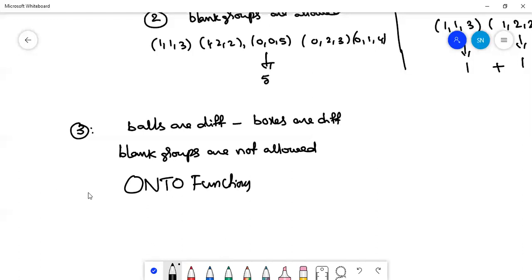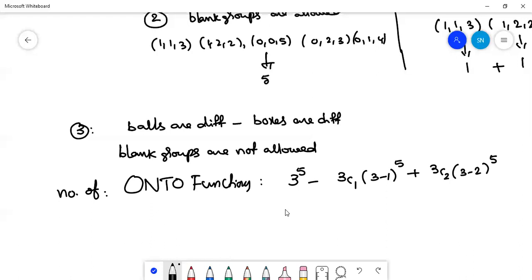As for the number of onto functions, the formula is 3 power 5 minus 3C1 into (3 minus 1) power 5 plus 3C2 into (3 minus 2) power 5, which is 243 minus 3 times 2 power 5, 32, that is 96, plus 3 times 1, which is 3. So 246 minus 96, 150.